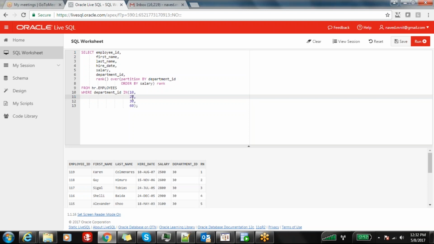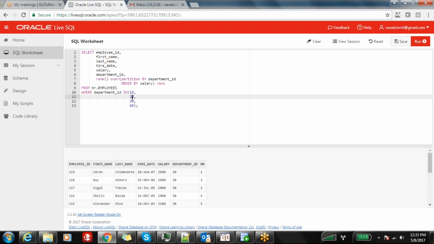So in this session we are going to cover three analytical functions, and basically we are going to cover only the analytical functions which are mostly used and which are most important.